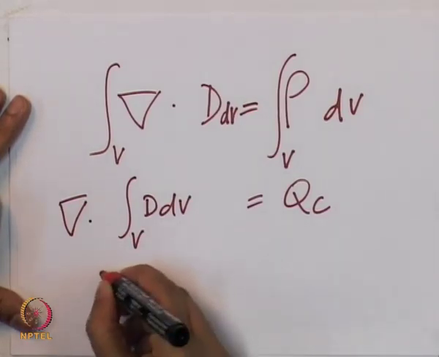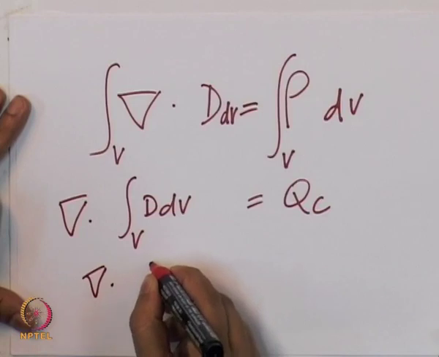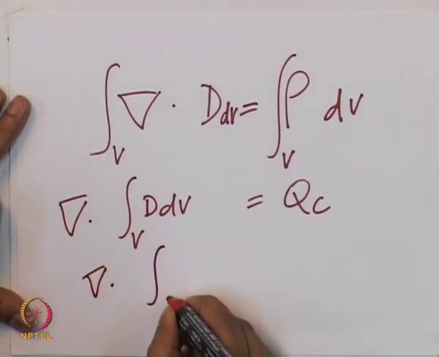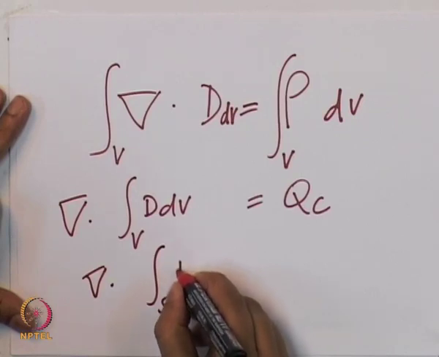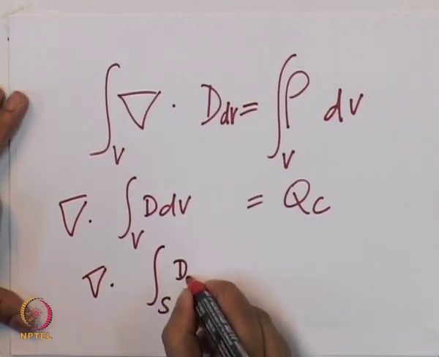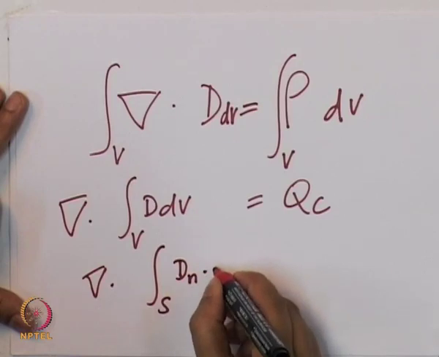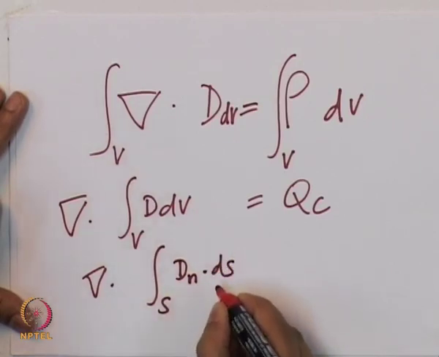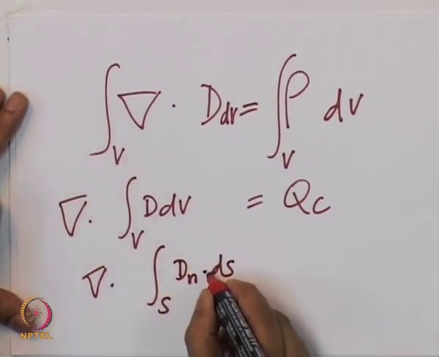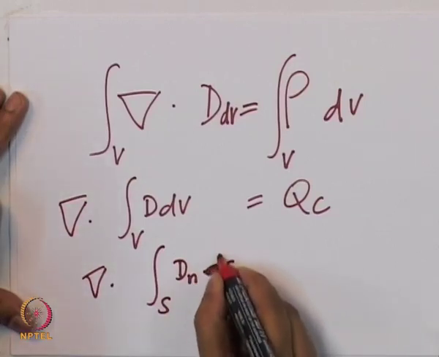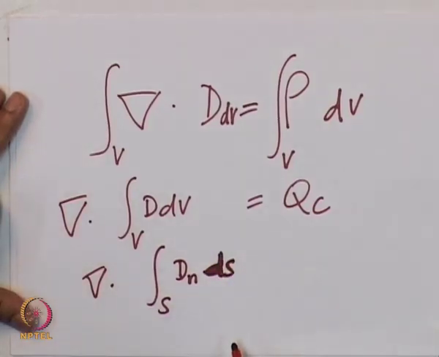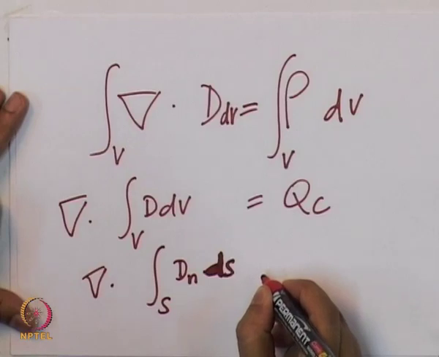So what we are getting now is the surface integral of the normal component of the flux that is passing through the surface. So this is the normal component and we are interested in the surface.